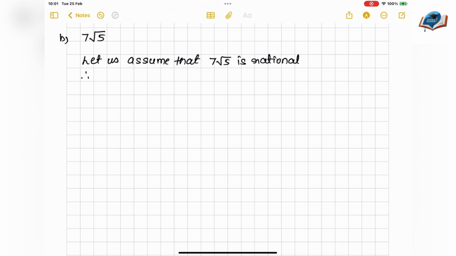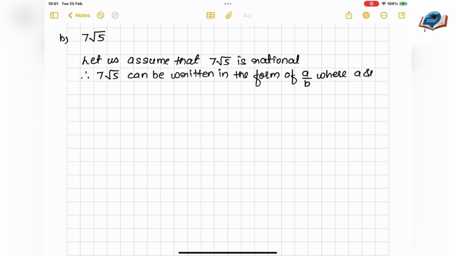Therefore, 7 root 5 can be written in the form of A upon B, where A and B, not equal to 0, are co-prime.